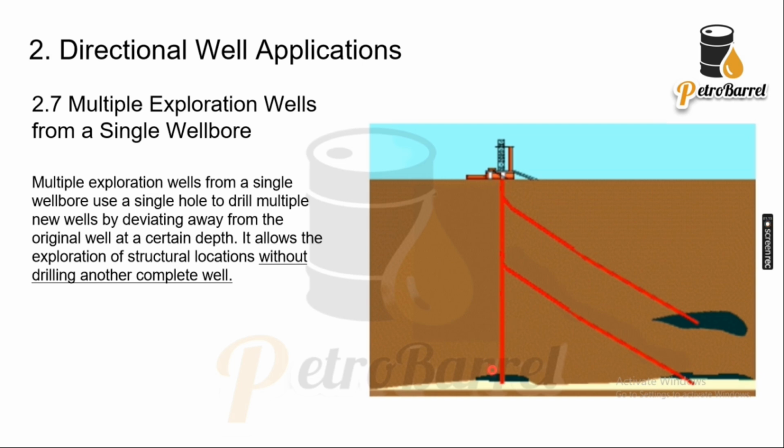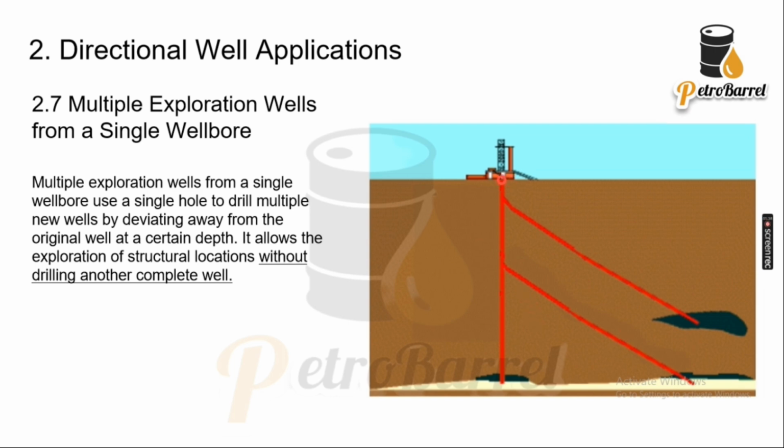So for example, you have 3 reservoirs, okay, as you see in this picture. So the first one, we will drill a vertical well to a certain depth. Then we build an angle at a certain depth to reach another reservoir.